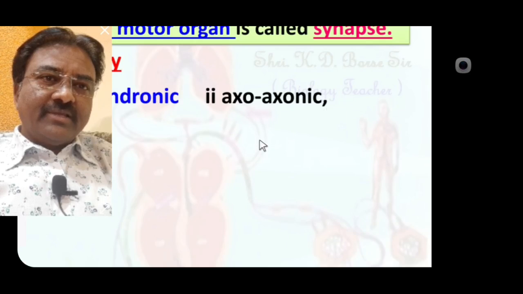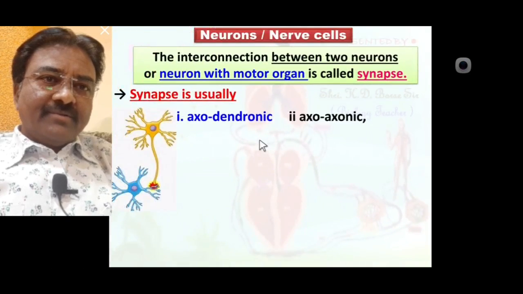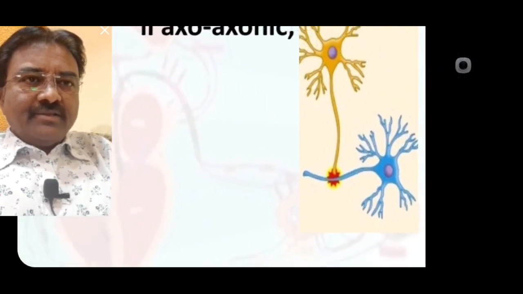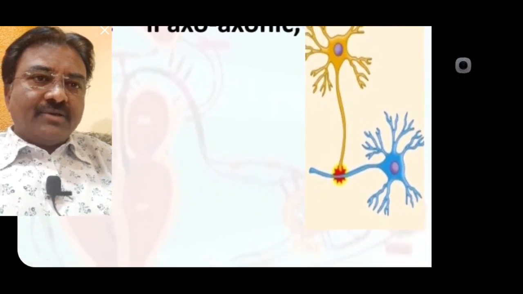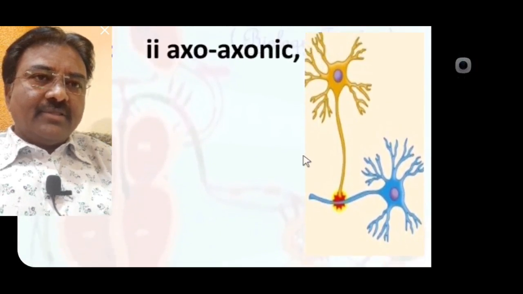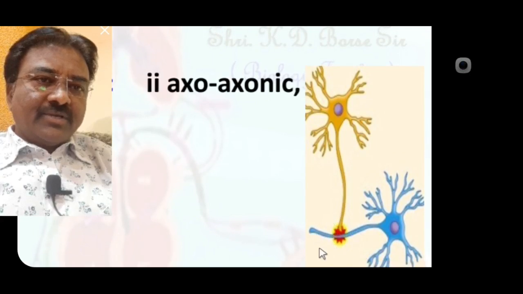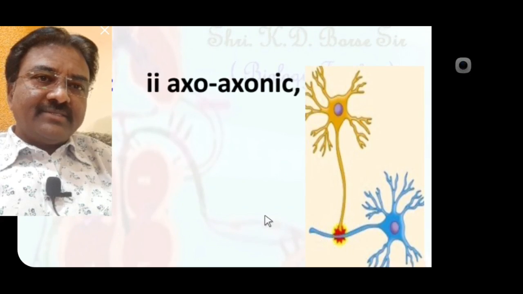Showing with the help of a diagram what is exoaxonic synapse. One neuron axon part, other neuron also axon part, in between them a synapse is present called as exoaxonic synapse.